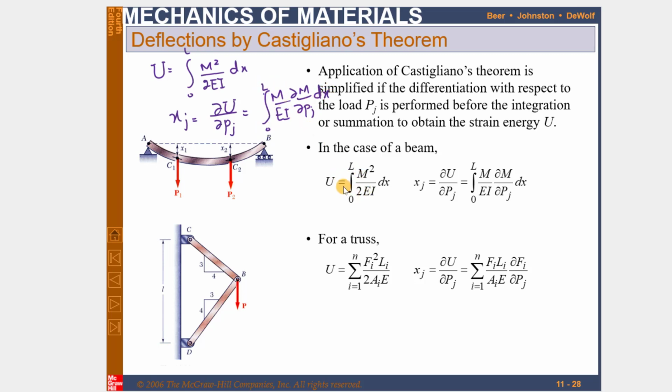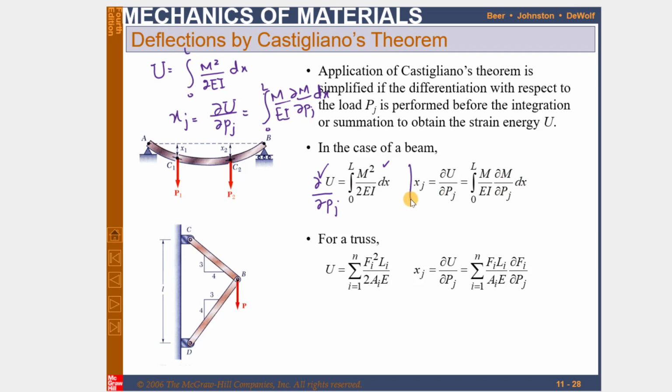Clear? I will also repeat it. The total strain energy for a beam under normal loading is equal to the integral from 0 to L of M squared over 2EI dx. You know this. If you want to find the deflection, you will take the partial derivative with respect to Pj. Clear? So when you take the partial derivative, it will be the same, only M squared over 2 becomes M over EI into partial M over partial Pj into dx.